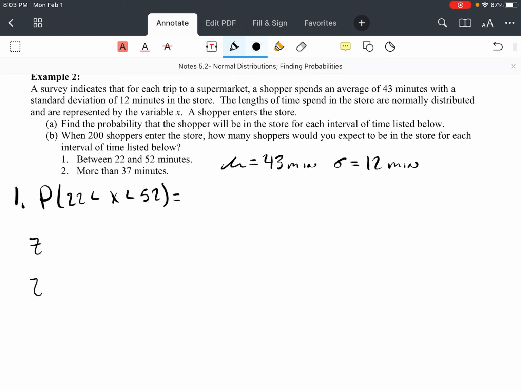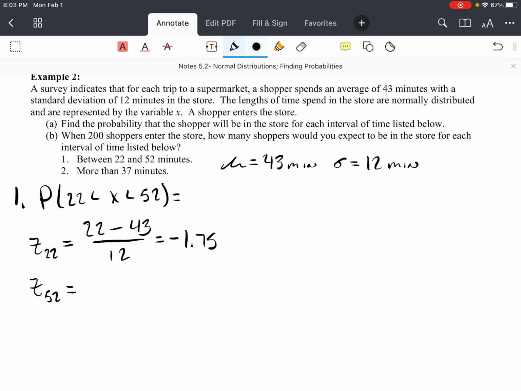Okay, so the way we're going to do that is first by calculating the z-score for each of those x values or each of those boundaries. Calculating it for 22 minutes would give us 22 minus the average, which is 43, divided by the standard deviation. This will give you a z-score of approximately negative 1.75.